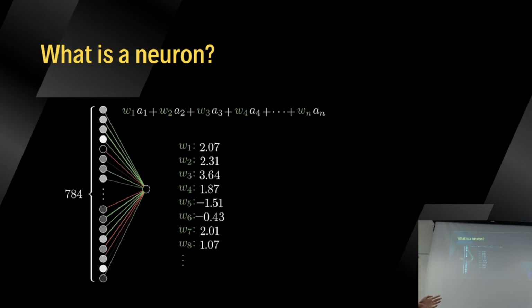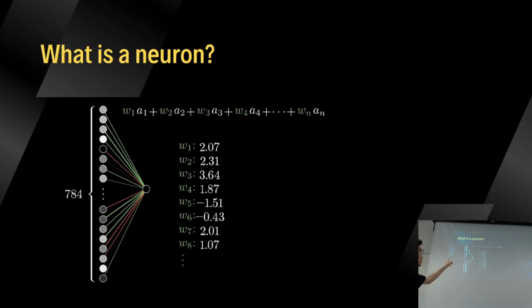A weight is basically a number, and the final answer for this neuron is the weighted sum of these numbers. For example, the first neuron I multiply by this W1, the second neuron I multiply by this second weight, and I sum it all, and that is the final answer of this neuron.